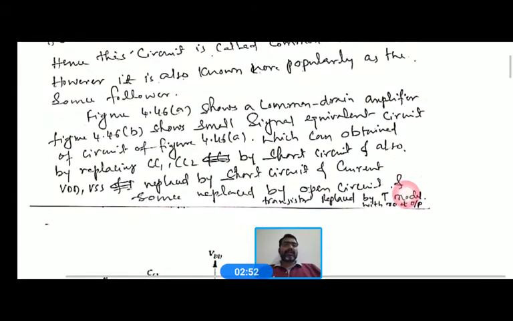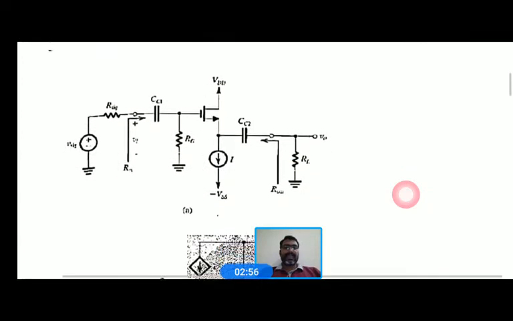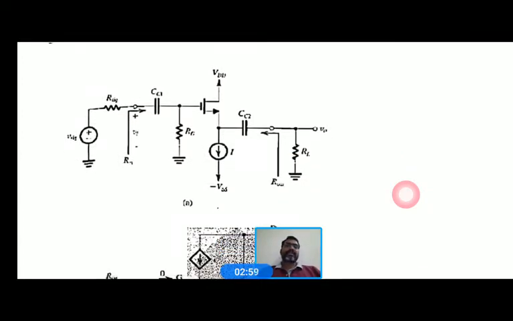In figure 4.46, we are taking this circuit as the reference to analyze the source follower, the common drain amplifier.